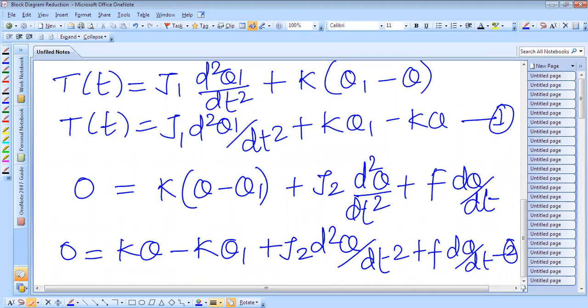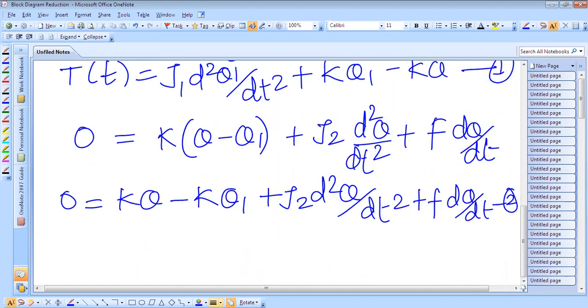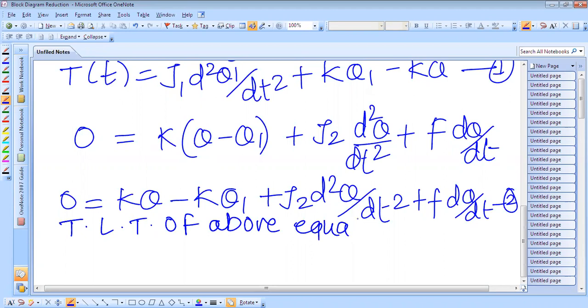Okay. Now we have to take the Laplace transform of equations 1 and 2.